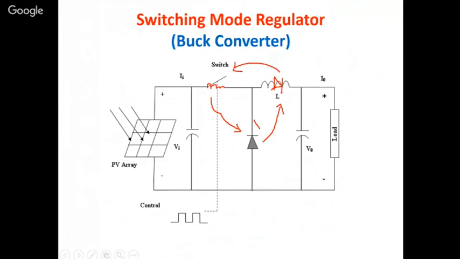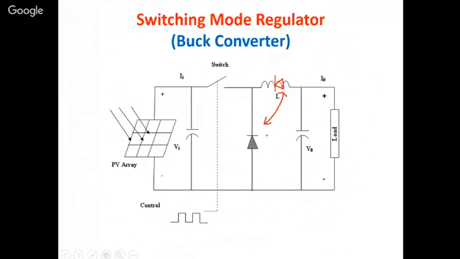If it comes, it becomes a boost converter. Next, if you want to make a buck boost converter, you just interchange these two. You put an inductor here and make the diode in the reverse direction like this. Just shift both of these, you will get a buck boost converter.